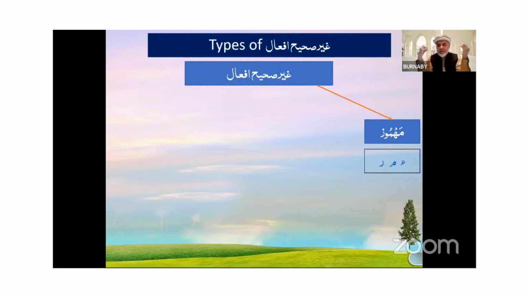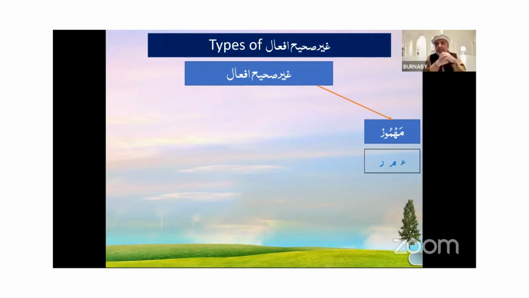So the first category is Hamza. What are the three root letters you see? Hamza, Mim, Ra. Can somebody repeat after me? Hamza, Mim, Ra. So when you have a root letter which has Hamza in it, those kinds of words are known as mahmuz, from Hamza.